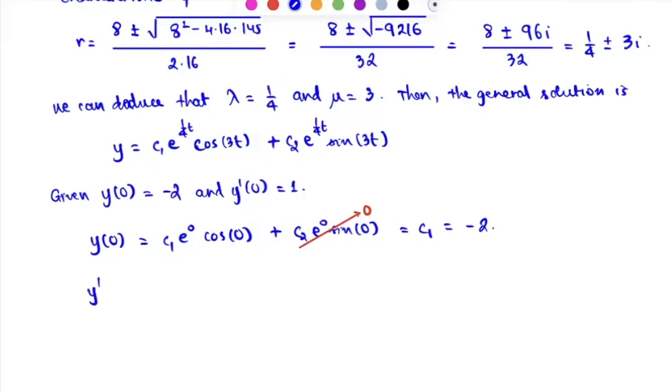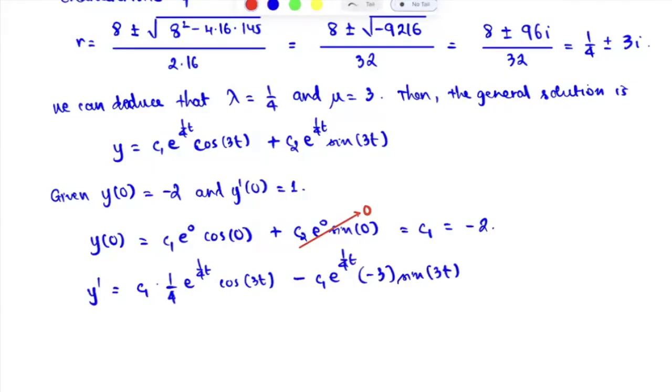Now to get C2, you use the second initial condition. So y prime is equal to C1 times 1/4 e to the 1/4 t times cosine of 3t minus C1 times e to the 1/4 t times -3 times sine of 3t. So again, there are two terms coming from the derivative of this product.